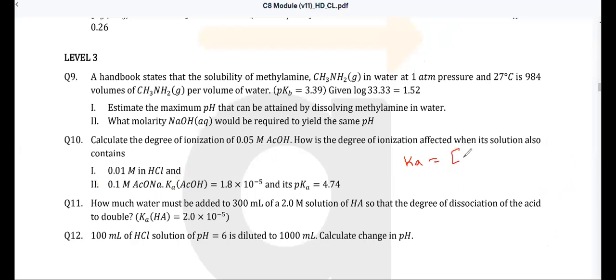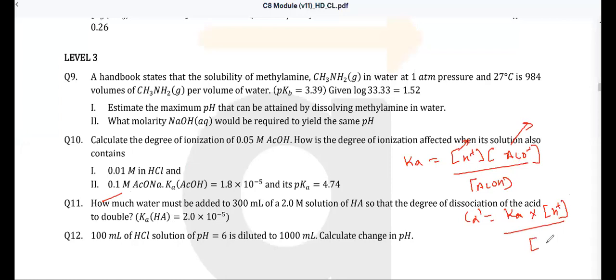So Ka will be concentration of H plus into concentration of ACO minus divided by concentration of ACOH. In this case, ACO minus is taken as 0.1, and the concentration of H plus is C alpha. So same formula. C alpha dash is equal to Ka into concentration of H plus divided by concentration of ACOH, which is C minus C alpha dash.